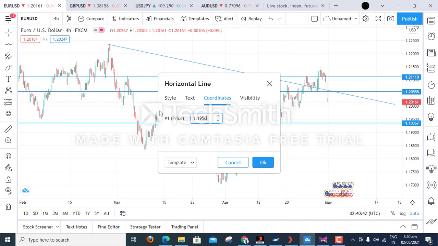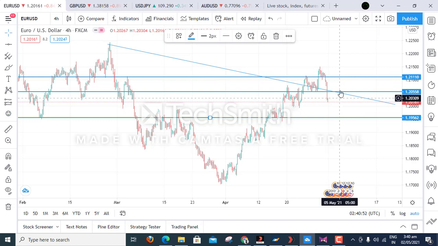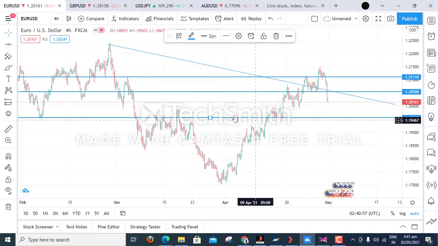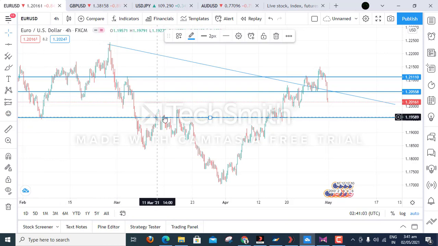So these are the take profit, this is the entry point, and this is our stop loss. So I'm looking for price to come in. Look at it very well. This level is also a key level. So most of the time I trade on key levels to pick my entry, my TP, and my stop loss. That's for euro USD.